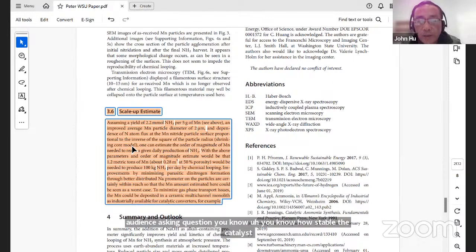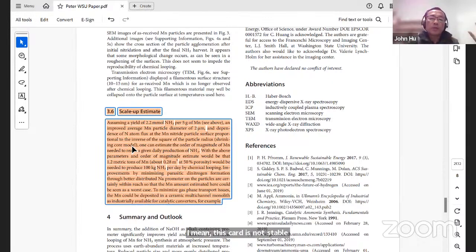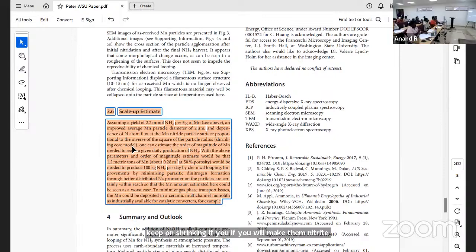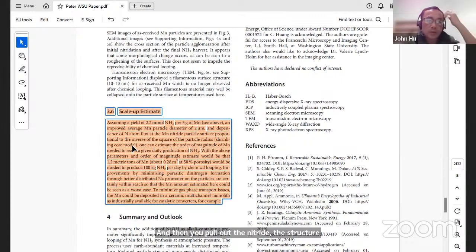I mean, this catalyst is not stable because the structure keeps on shrinking. If you make it a nitride and then you pull out the nitride, the structure collapses. So in order to model, you have to develop something called the shrinking core model. So that means a constant structure in the change. Anyway, so he basically says something.